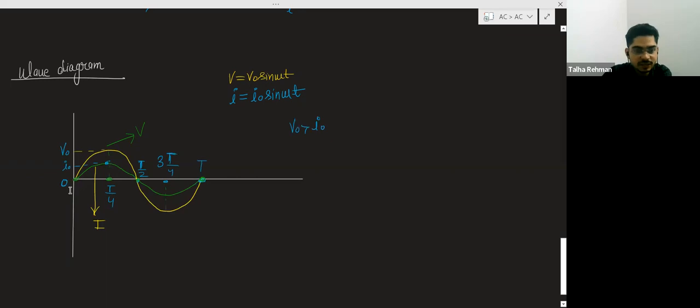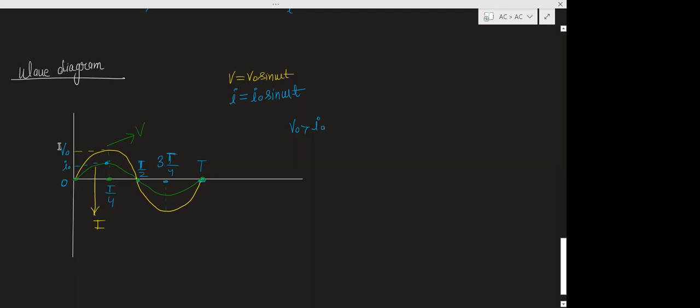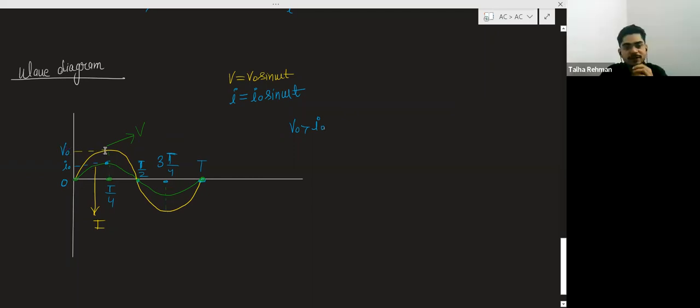So that is why this diagram is upper than the current diagram. Current diagram is lower like this. Because the peak value of the voltage we are getting in upper, somewhere here we will get, and the peak value of the current somewhere here we will get.